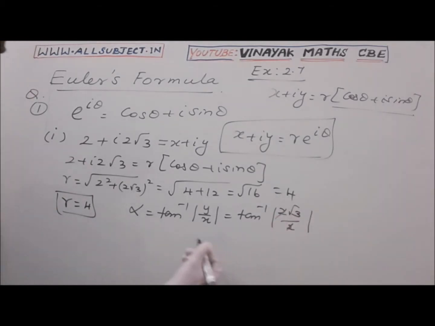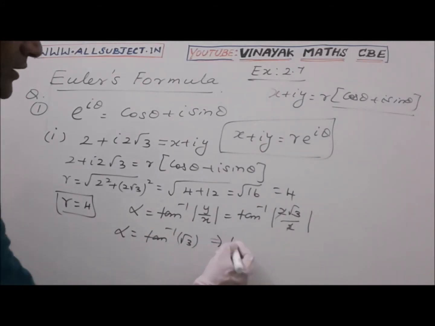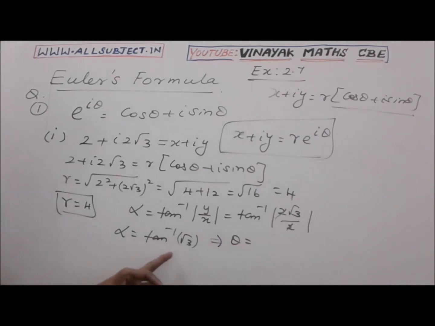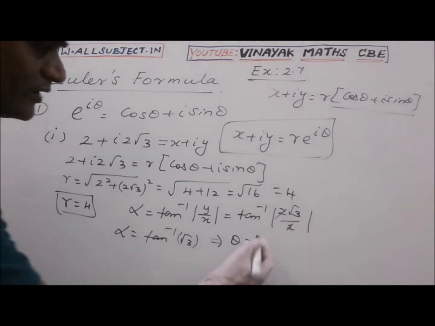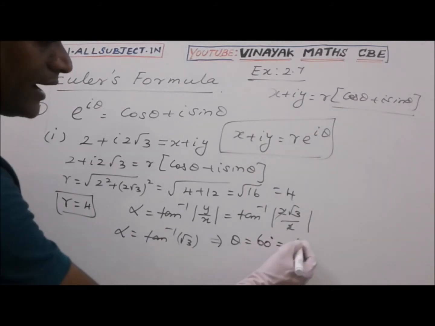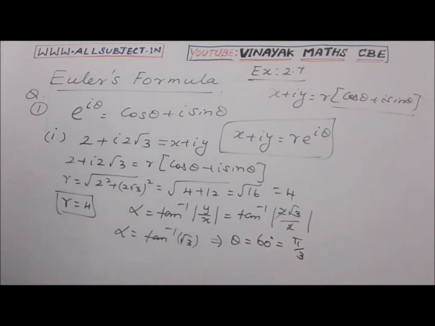When we simplify, we get alpha equal to tan inverse of root 3, the positive value of root 3. Tan inverse of root 3 means tan 60 equals root 3, so the angle is 60 degrees. We should write in radians, that is pi by 3. So alpha equal to pi by 3.